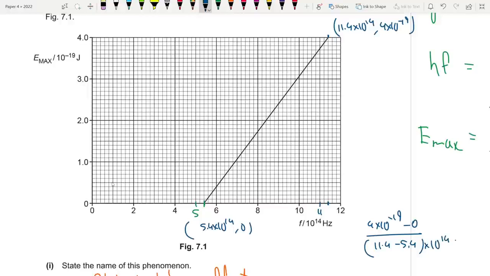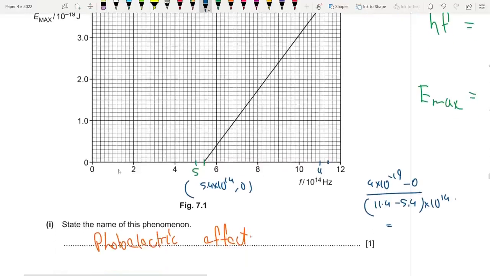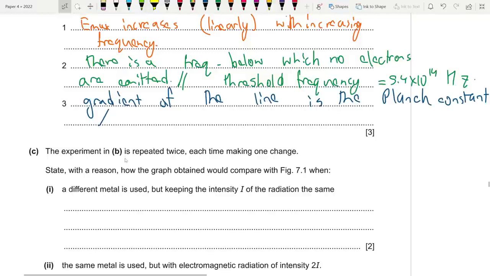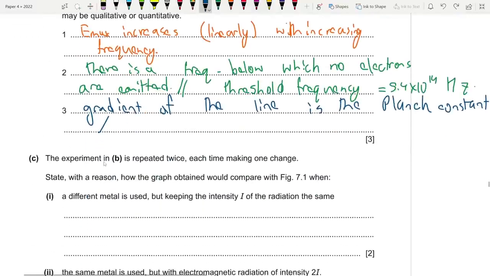If you find out the gradient, 4 into 10 power minus 19 divided by 11.4 minus 5.4 into 10 to the power 14, which is 6.67 into 10 power minus 34. So you could say that the gradient of the line is 6.7 into 10 power minus 34 joule seconds.